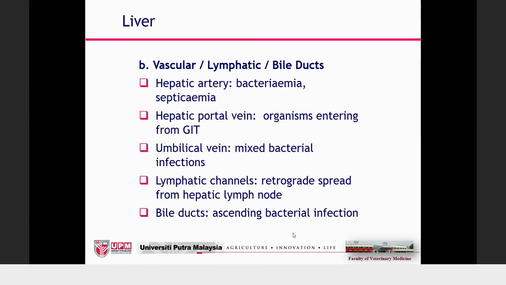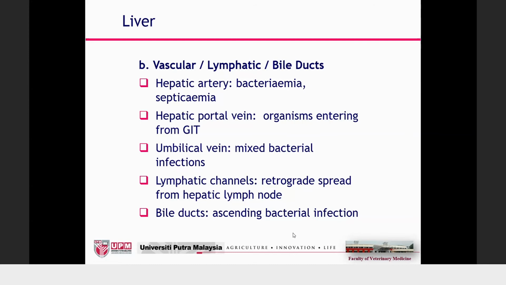The liver also has direct communication to the GIT, and the GIT has direct communication to the environment. So there is always a risk of ascending bacterial infection, meaning that pathogenic bacteria present in the lumen of the intestine may flow into the bile ducts because there is no barrier there. In the intestine there is the barrier of the enterocyte, but in the bile duct there isn't.